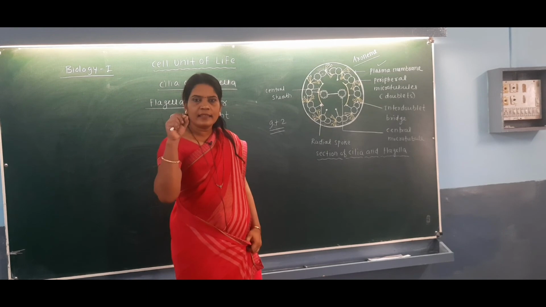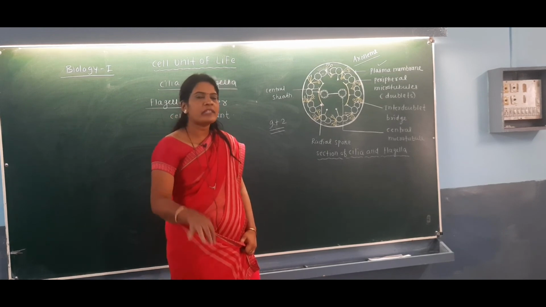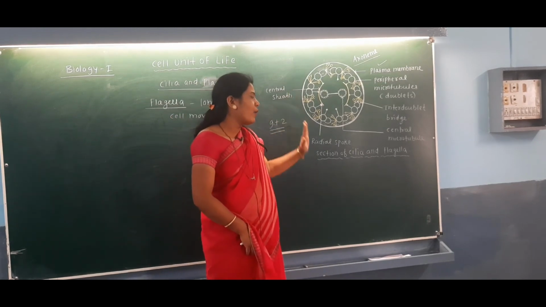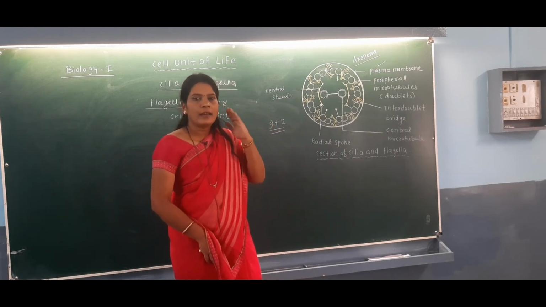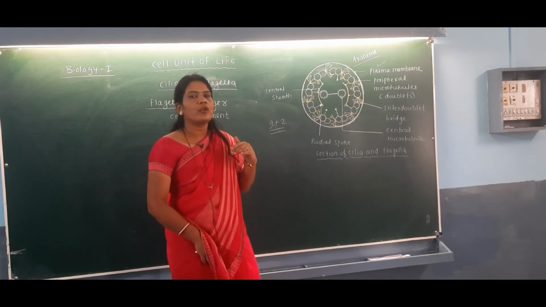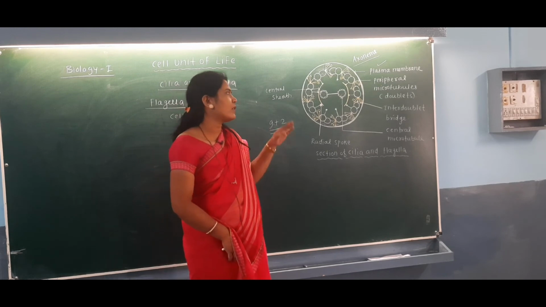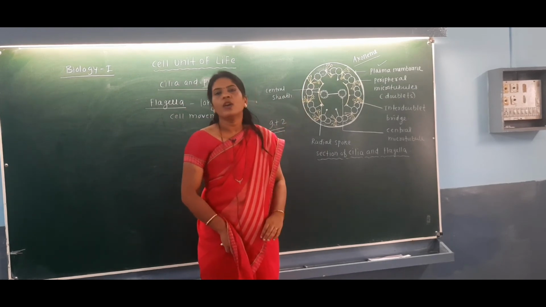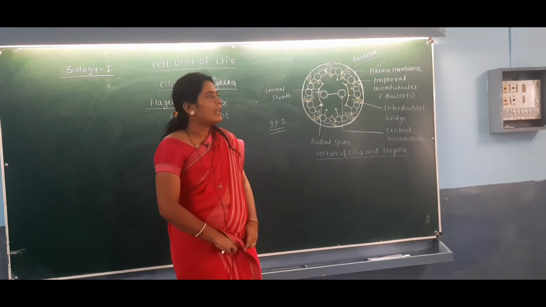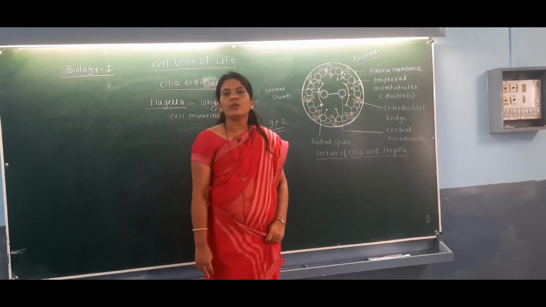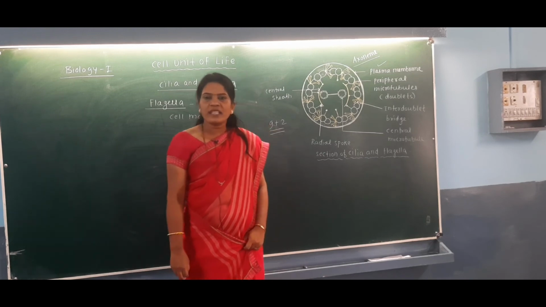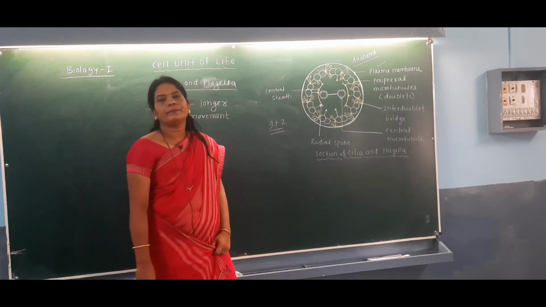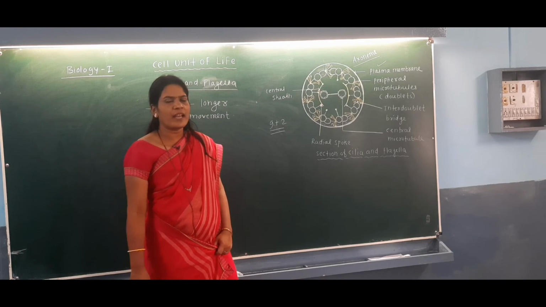Students, the important thing is that you first have to understand the diagram of the section of cilia and flagella. If cilia and flagella are observed under the electron microscope, both show such a type of structure. For the NEET exam, a diagram may be given and you have to label it. If the question asks what is the outer covering of cilia and flagella, you have to answer plasma membrane.